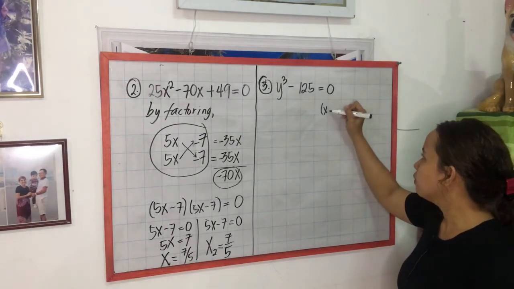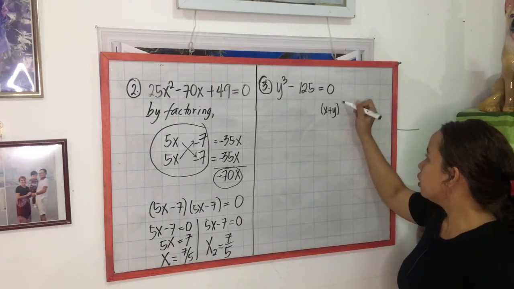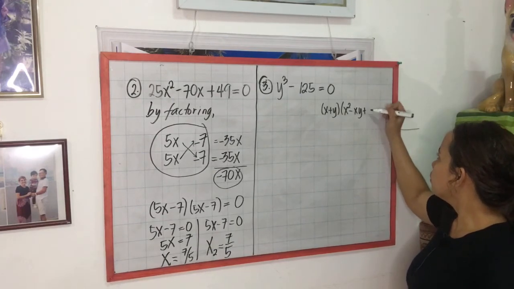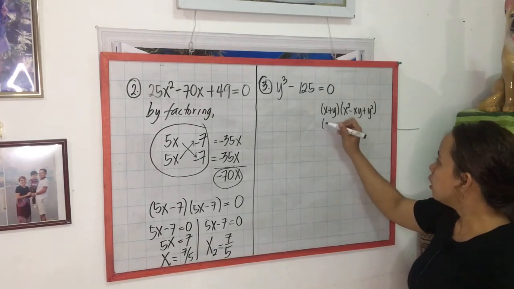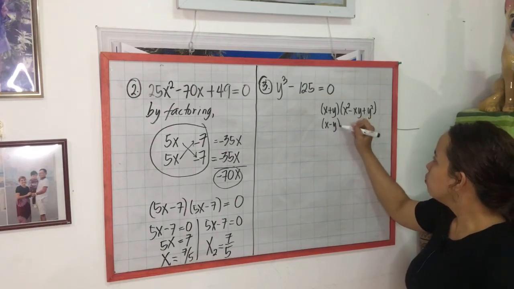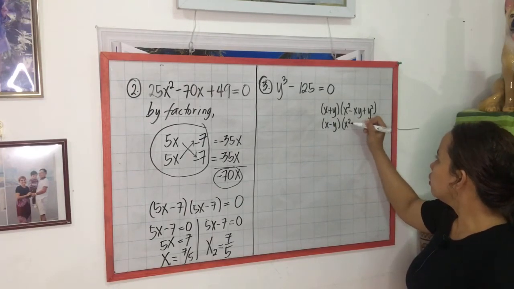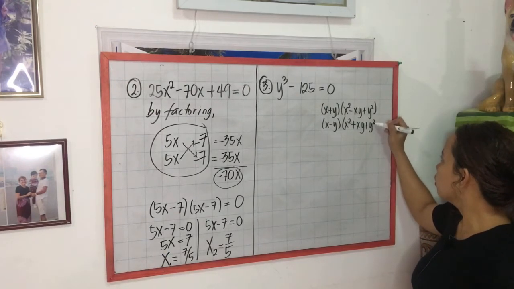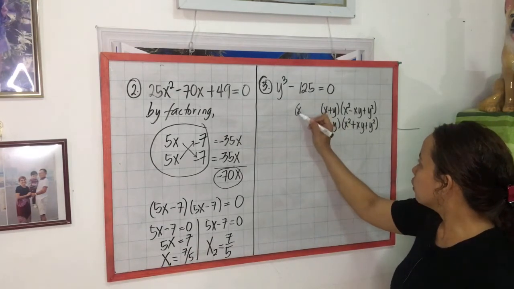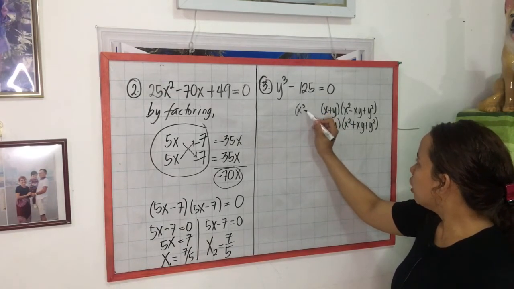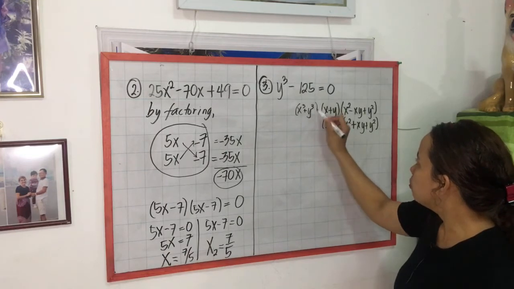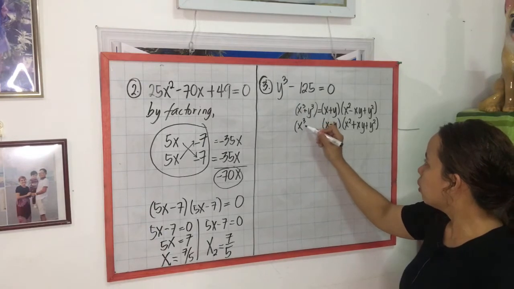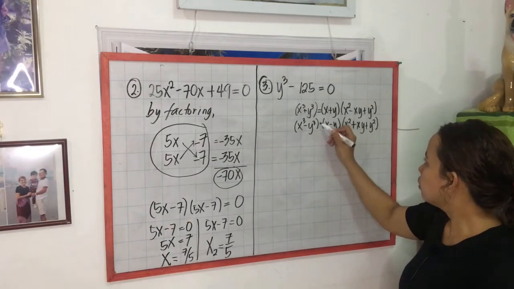Okay, so we have x plus y and then x squared minus xy plus y squared. Or you can have the difference. So x minus y, x squared plus xy and then plus y squared. Okay, this one is x cube plus y cube is equal to, and this one is x cube minus y cube is equal to.